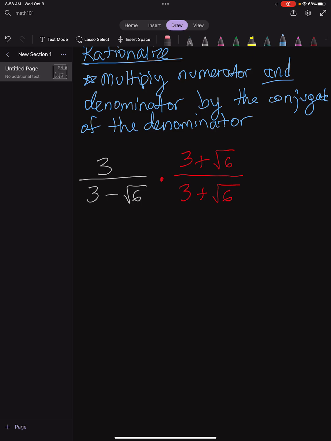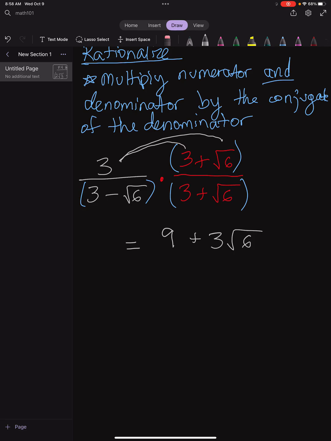When you're doing this, make sure that you're using parentheses, especially around the numerator, because if you have a negative somewhere, you need to make sure you distribute that negative. You also need to make sure you're distributing this multiplication. So I'm doing 3 times 3, which is 9, and then 3 times root 6, which is 3 root 6.